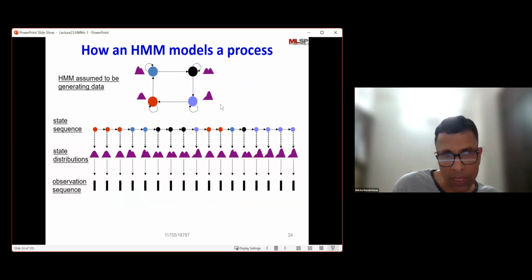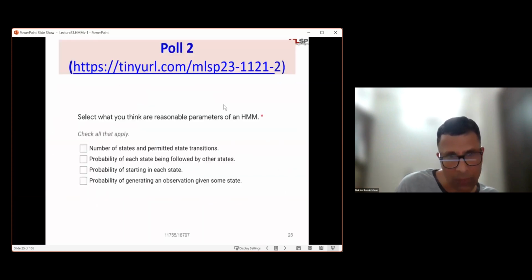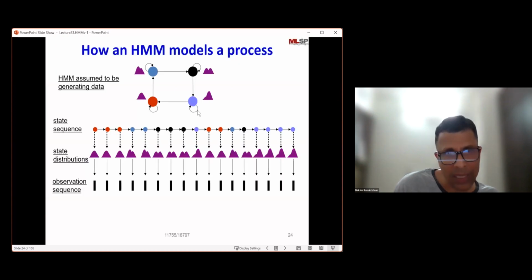And then as it goes through the states, it's going to generate observations. So for example, if this were an HMM, this has four states. And the process would follow a sequence of states through this Markov chain.